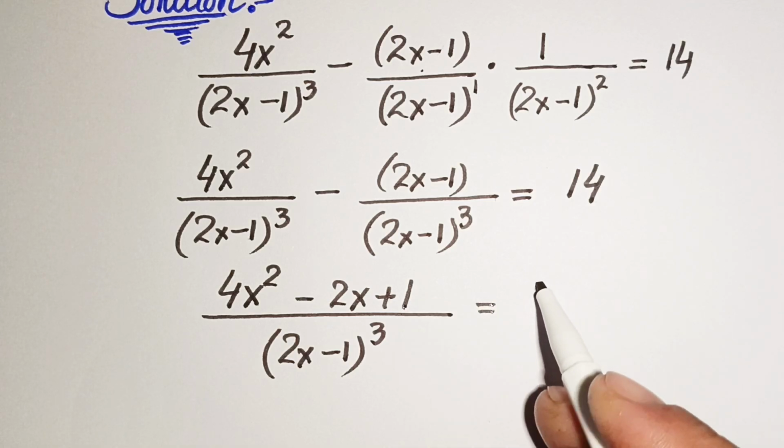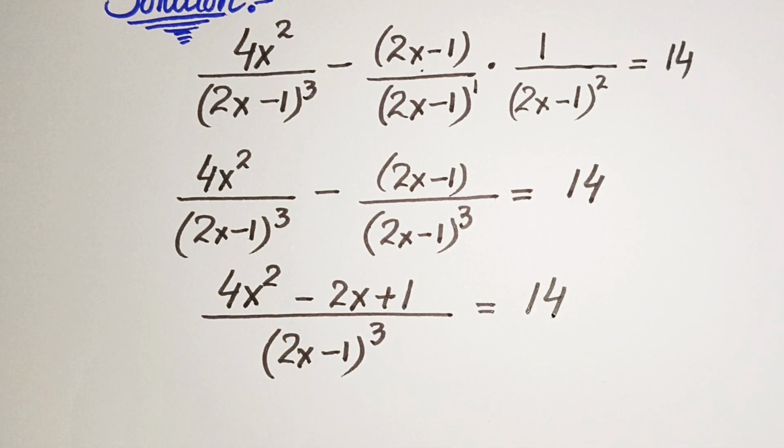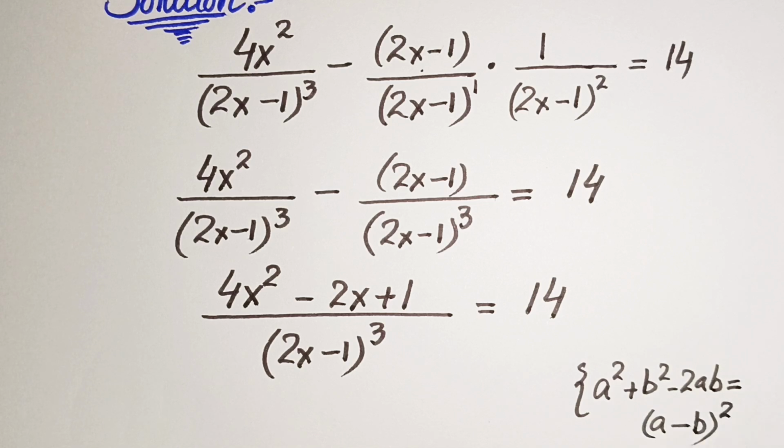That is equal to 14. Now we see that we can make this a perfect square. For this purpose we use the formula: a squared plus b squared minus 2 times a times b is equal to (a minus b) whole squared. So I am going to make this a perfect square.